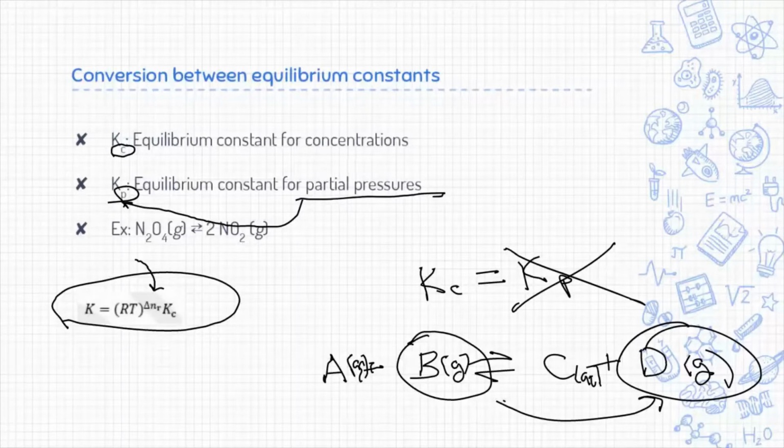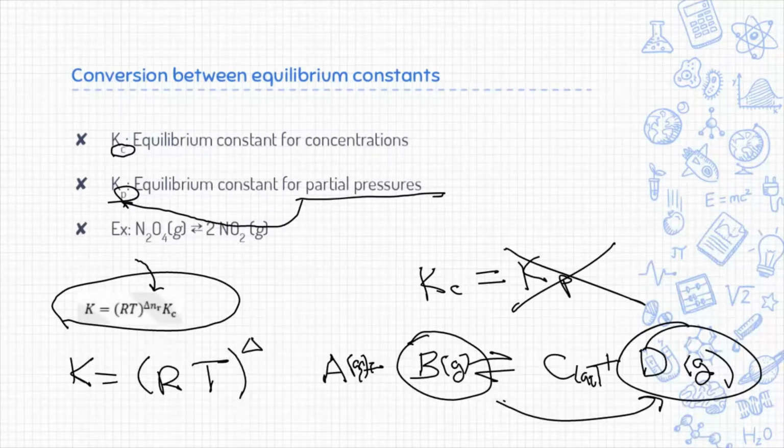So when are Kp and Kc different? Well, using this equation, which can be derived, but it's something we probably cover in later chapters or perhaps even never: Kp is equal to (RT) to the power of the difference in number of moles in the reaction, times Kc.